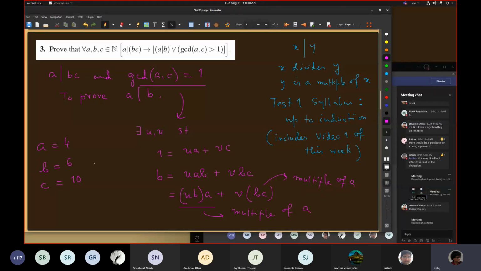So 4 divides 60, but 4 does not individually divide 6 or 10.